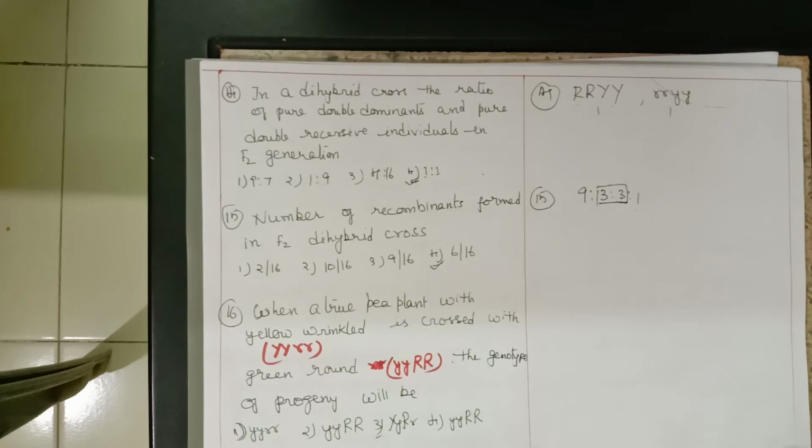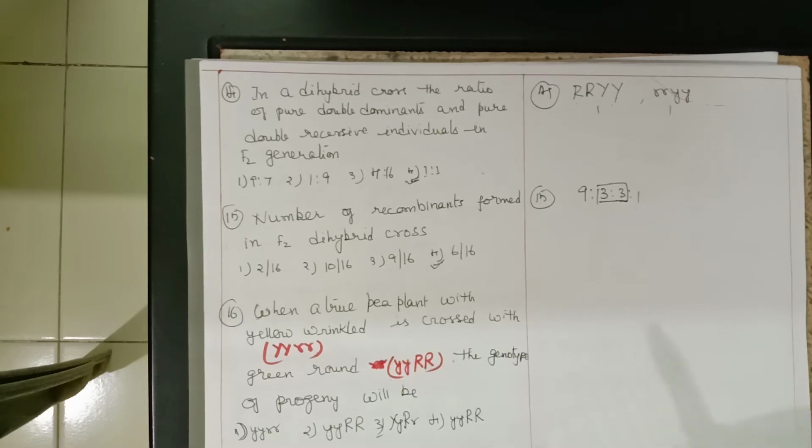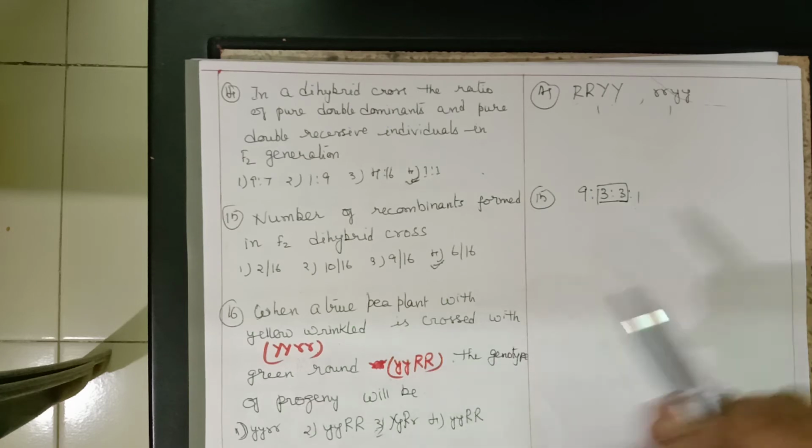Now, the next question. When a true breeding pea plant with yellow wrinkled seeds is crossed with green round, what is the genotype of the progeny? True breeding means both are homozygous, and green round is also homozygous. Here each parent gives only one type of gamete.